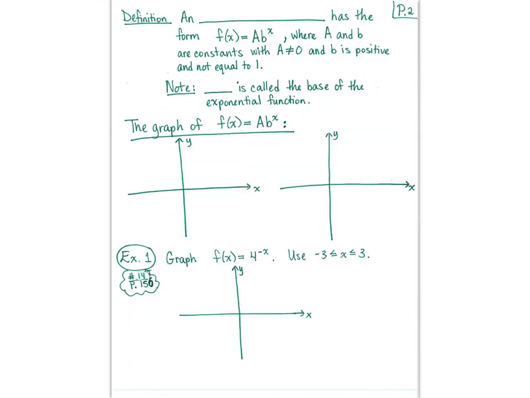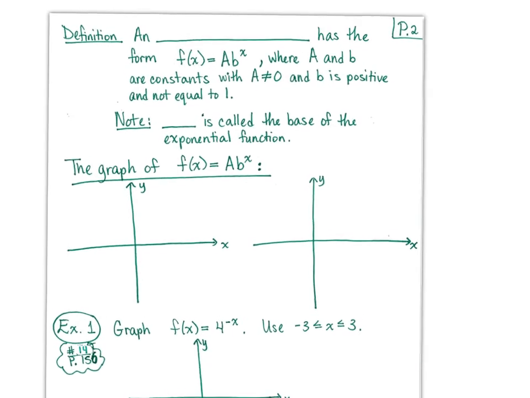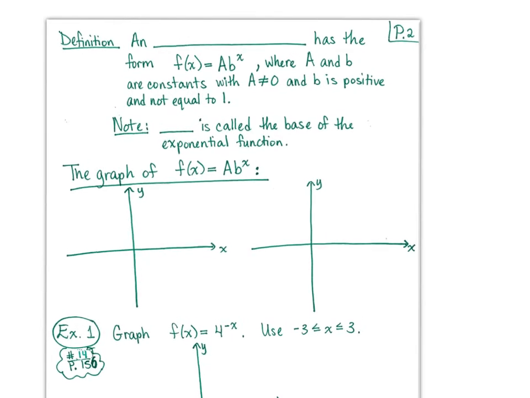Let's start out with the definition on page 2. Let me zoom in a little bit. Okay, an exponential function has the form f of x equals capital A times b to the x, where a and b are constants with a not equal to 0 and b is positive and not equal to 1.